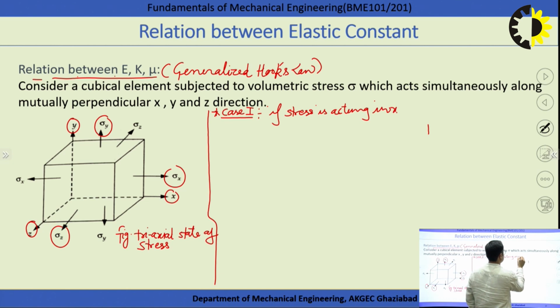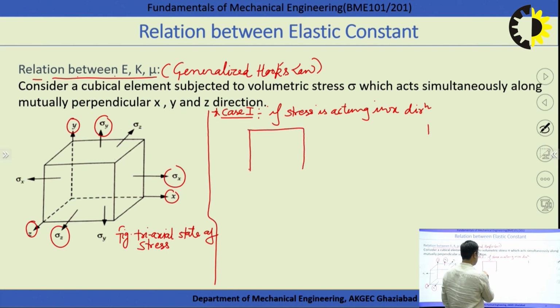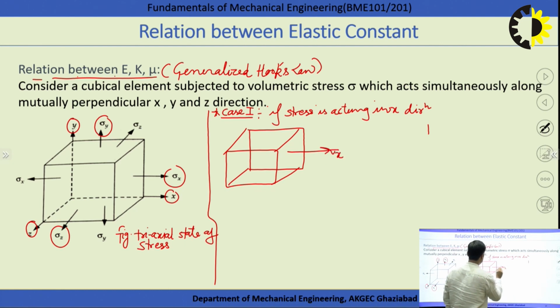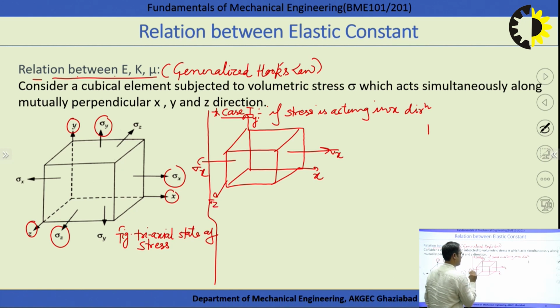If the stress is acting only in x direction, what is the meaning of that? This is the cubical element we are considering to prove the relation. Only sigma x is acting over the body. If the stress sigma x is acting over the body, how much strain is induced in the x direction?